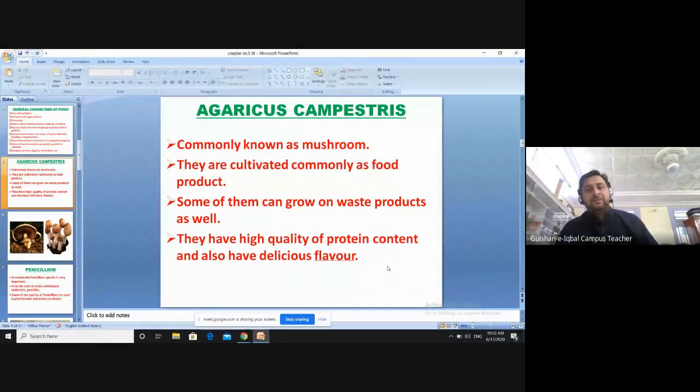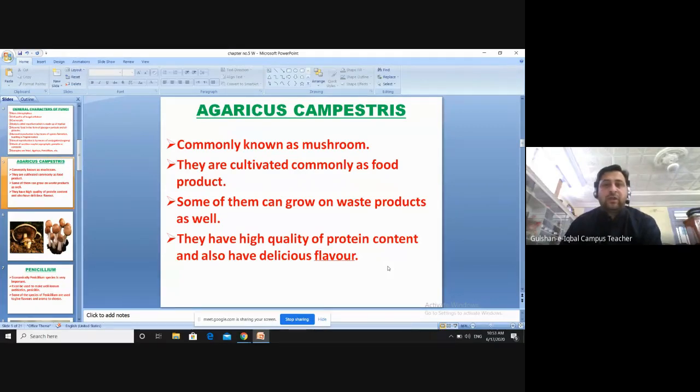Then the mushroom is very important because it has high quality protein in it. Mushroom contains high quality pure protein, and the taste of the mushroom is also delicious. So you use that in pizza, in Chinese products and many other things for eating purposes. That is why mushrooms are ranked very high among proteinous foods.